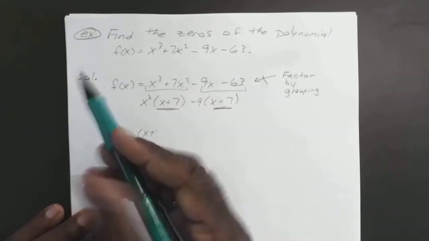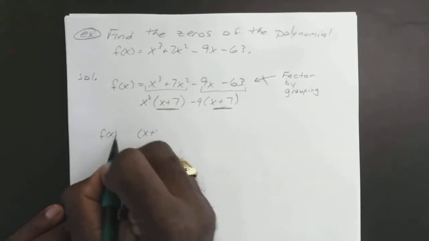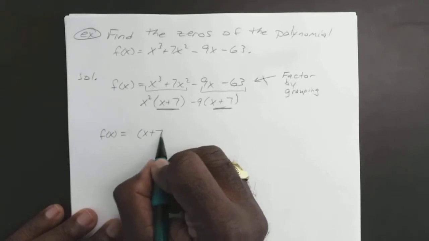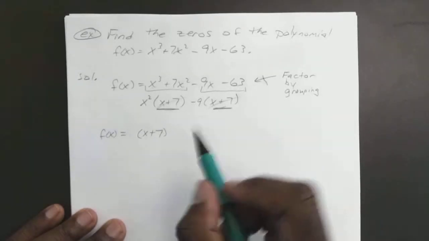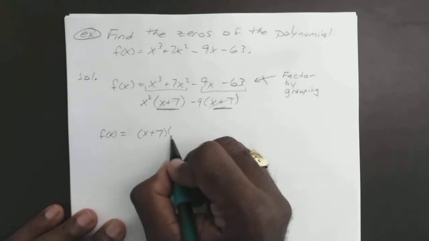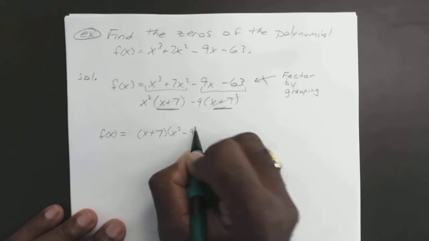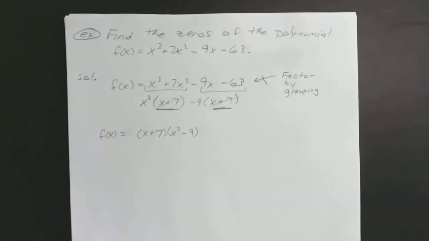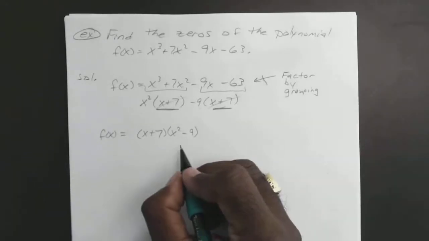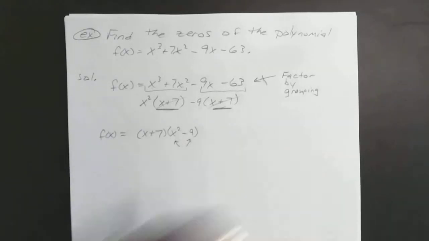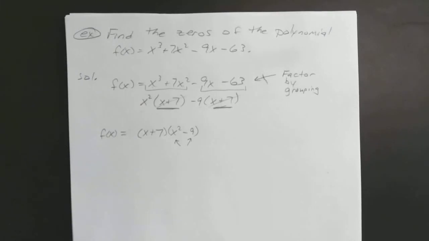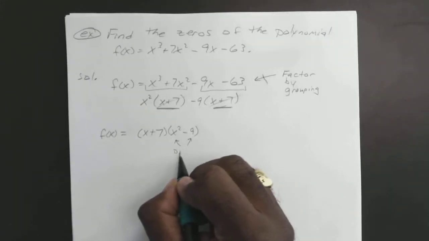Might as well say f of x. So you have x plus 7. Once you factor those out, what's left goes in the next parentheses: x squared minus 9. Okay. So we're good here. The only problem is now we have a difference of squares.